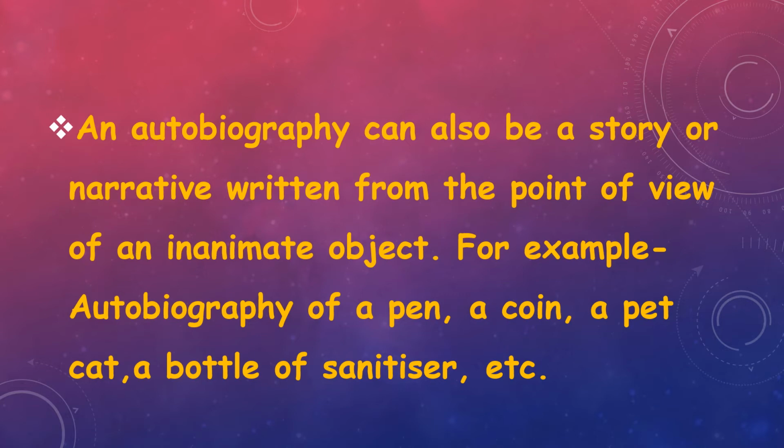So how to do that, isn't it? That is what we're going to learn today. How you can write an autobiography of an inanimate object. That is our lesson for today.